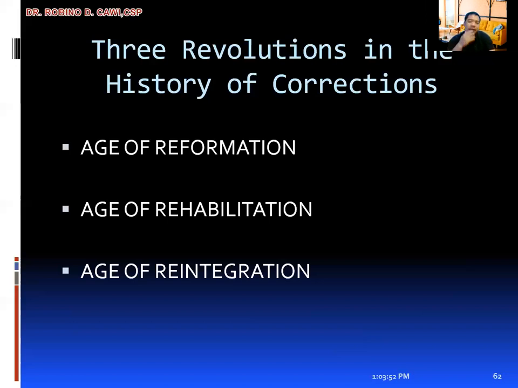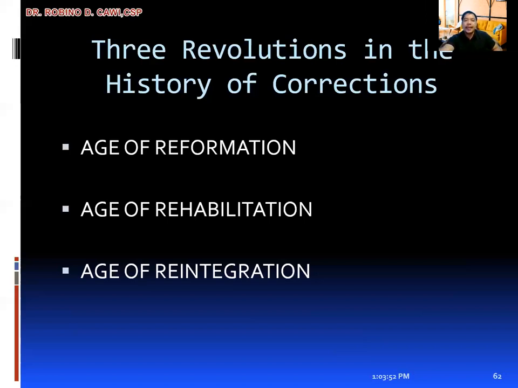So in the age of reintegration, America entered that particular period wherein they started to empower the community so that the community will somehow realize the importance of providing assistance not only to the prison but to the prisoners as well, by offering them equal job opportunity as that of a free man.